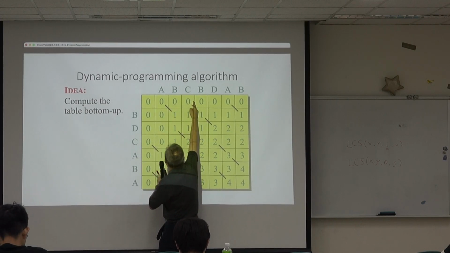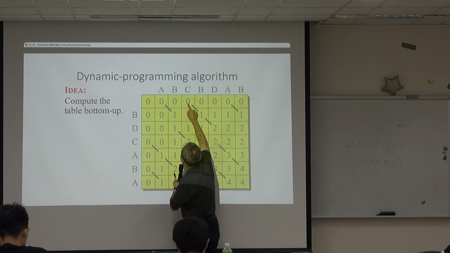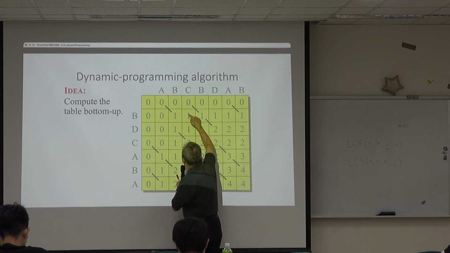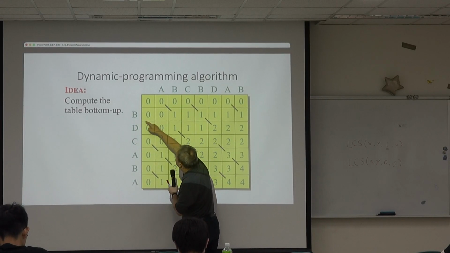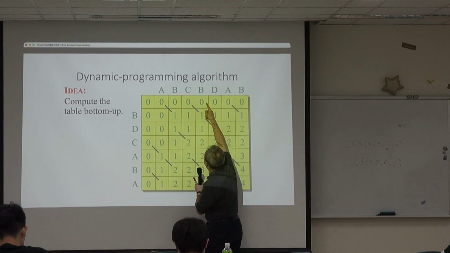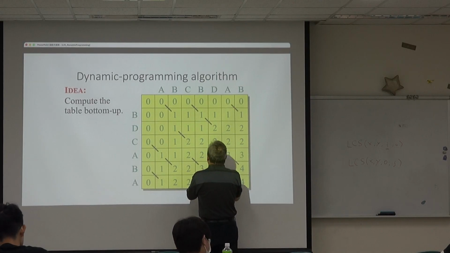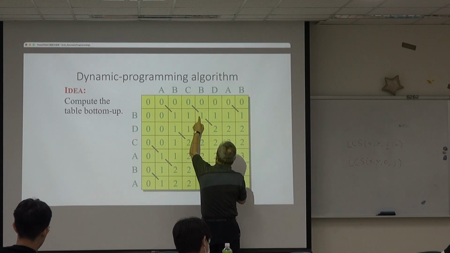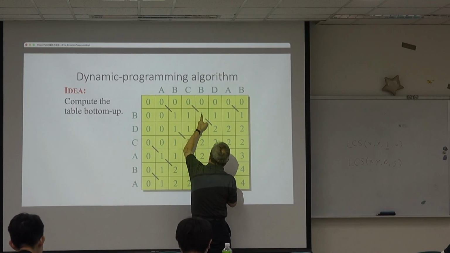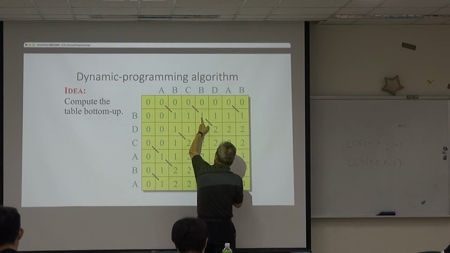B, C, there's no match. So 0 and 1, whichever is bigger, you put 1. B, B, again there's a match, right? So you just fill out this one by the diagonal plus 1, so it's 1. And so on.